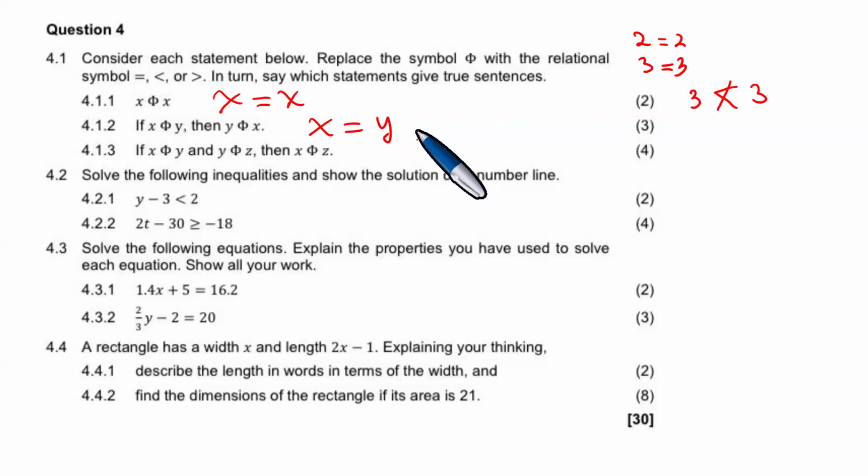So in other words, if x equals y, we can say then y is equal to x. This will hold true, because you see this symbol is the same symbol here, the same symbol phi. So if it is the same symbol phi, then we are saying if x equals y, then y equals x.